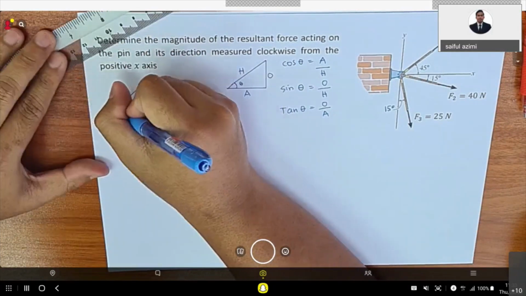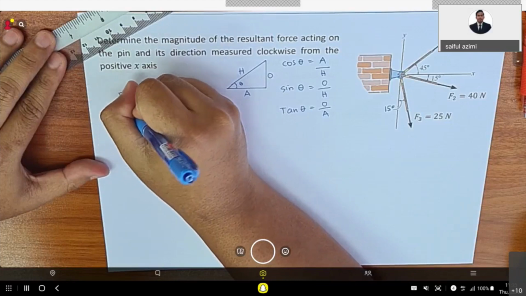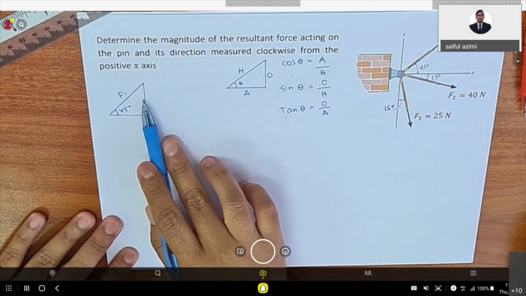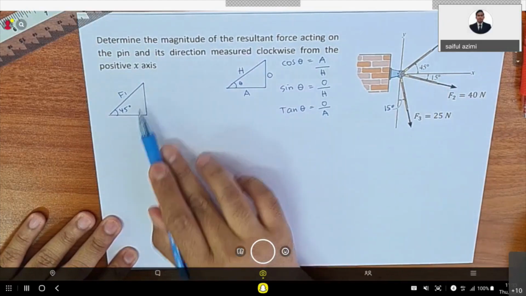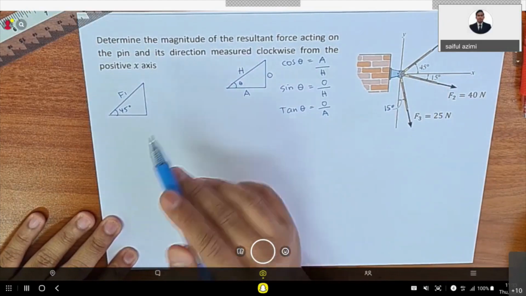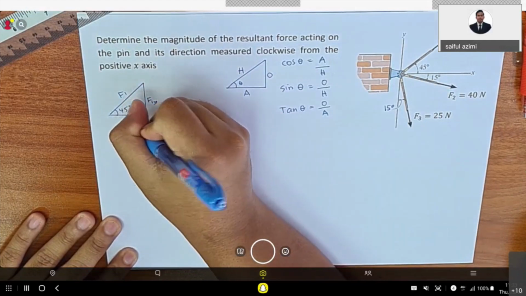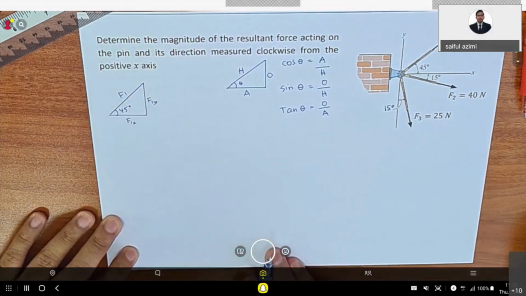Okay. So we have here 45 degree, F1, 45 degree. So this is the y-axis and this is the x-axis. This is F1y and F1x.